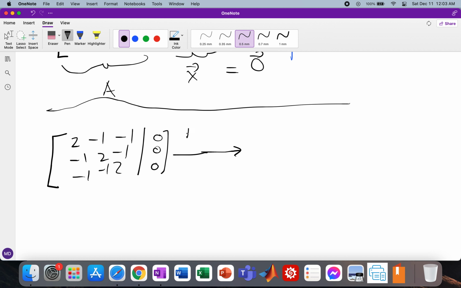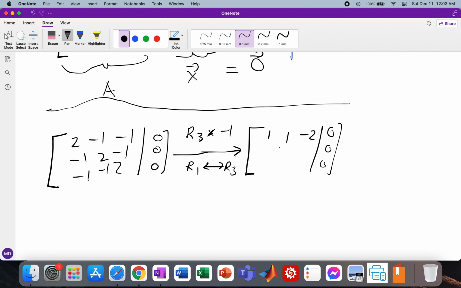Let's take R3 times negative 1, and then swap R1 and R3. When we perform this operation, we get the following. It's always going to be zeros on the right side, so you can just write that right away, because 0 times anything is a 0.